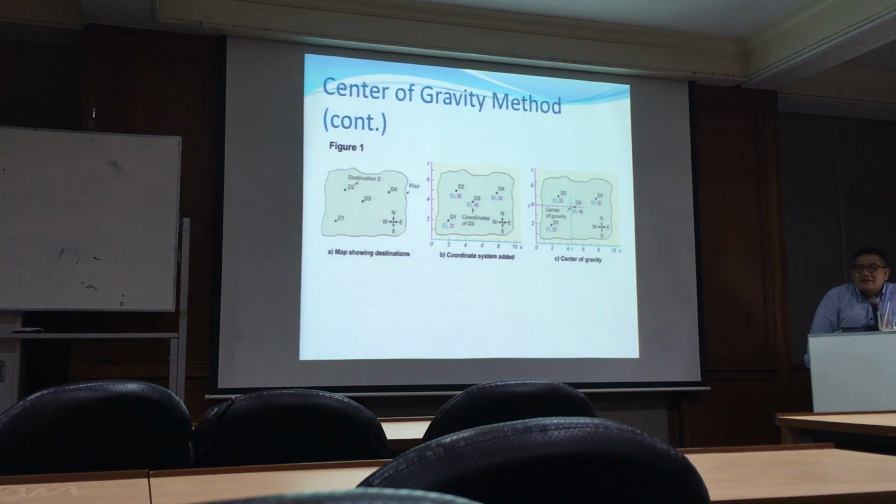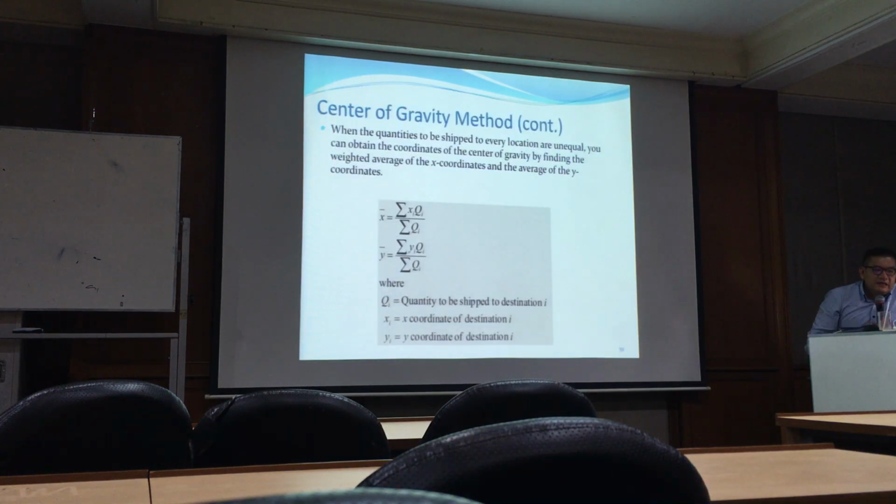At least it shows that it's going to be around the center of all the destinations, when we consider equally the units that we're going to deliver to each of them. However, if the quantities that you're going to ship to each destination are unequal, you need to change the formula a little bit.